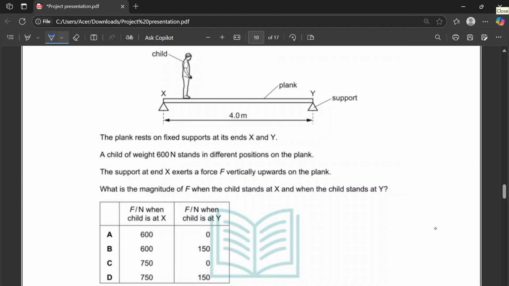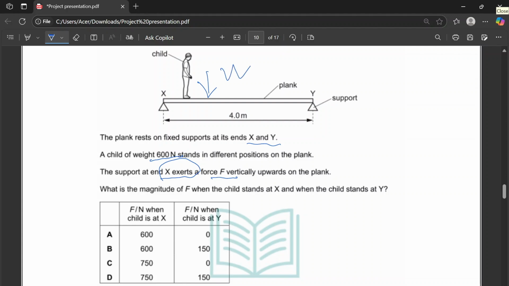So let's see. The plank rests on a fixed support at its ends, X and Y. The child has a weight of 600 newtons. So we need to find the force F vertically upwards, which is at X. We know force will be applied by the weight of the child in this direction.